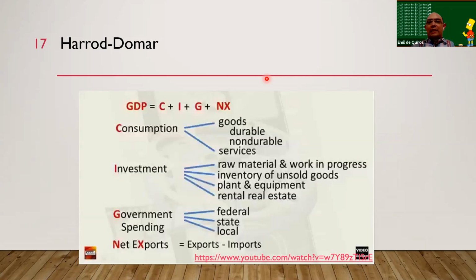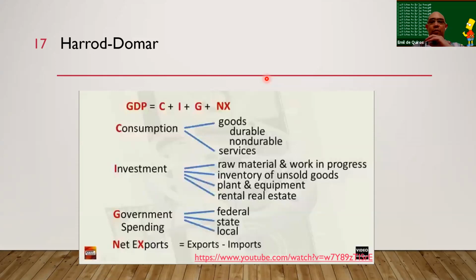Or if you got a haircut, that's a service, that's counted because it's a good or a service that's produced. But it's the final production. If I bought pizza, we won't count the ingredients of the pizza, only the pizza as a whole, because that's double counting. So it's the final good or service.